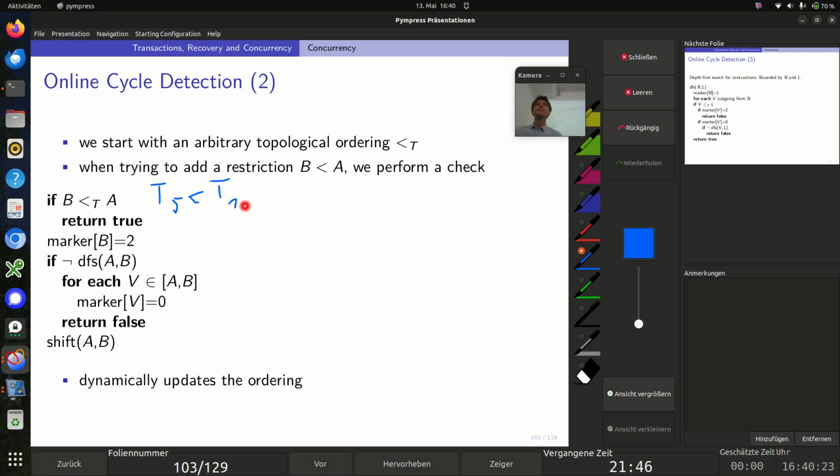And then we see whether by chance our ordering already satisfies that. If that's the case, we can say, okay, it's fine, we don't have any cycle.